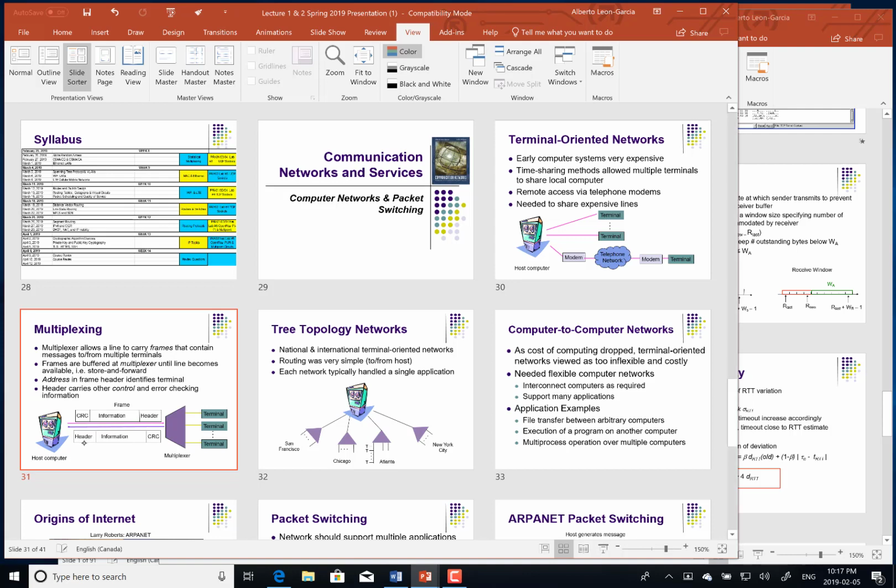And there were also headers, which contained control information, and check bits, CRC bits. So messages went from terminals to a computer, and then the responses came back in the other direction. So you see, this is a direct extension of the type of techniques that were introduced with telegraphs.